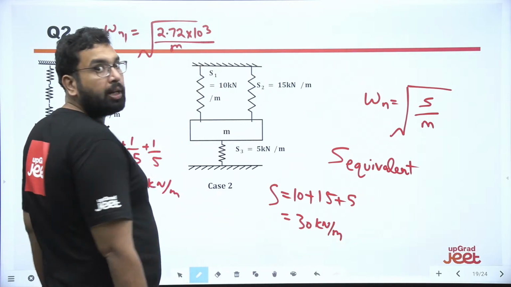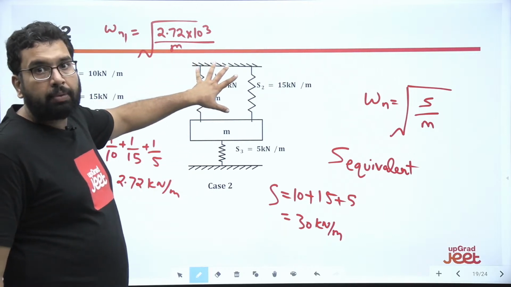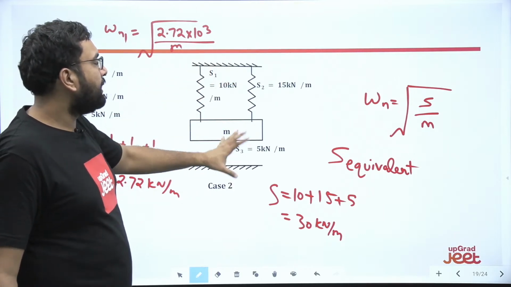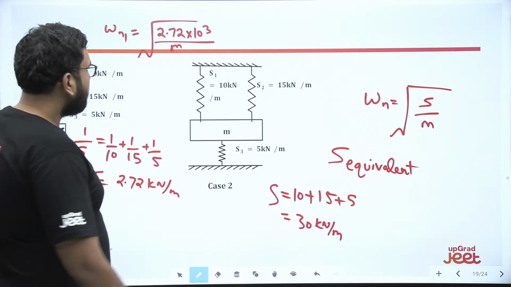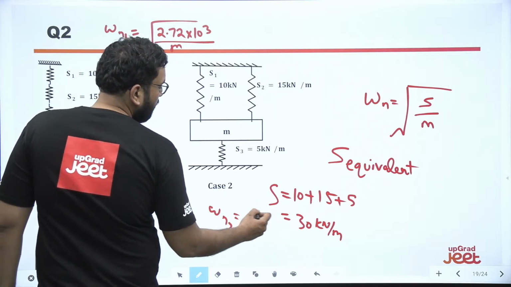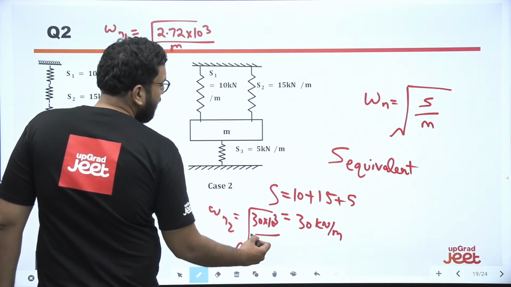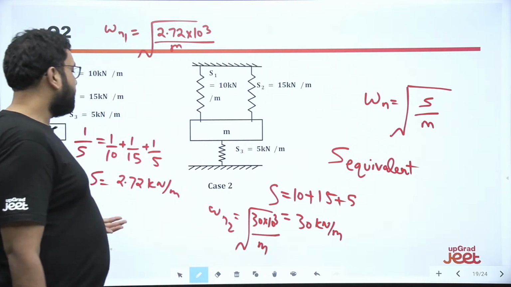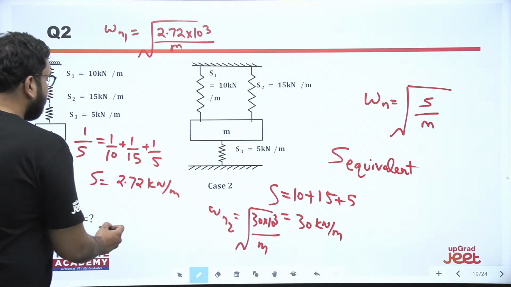They all are in parallel. Sometimes people think that these two are in parallel, then this is in series. No, it is not like that. So from here we can say that omega n2 is equal to root over 30 into 10 to the power 3 by mass m. Now definitely we can take the ratio of omega n1 and omega n2 and get this data.